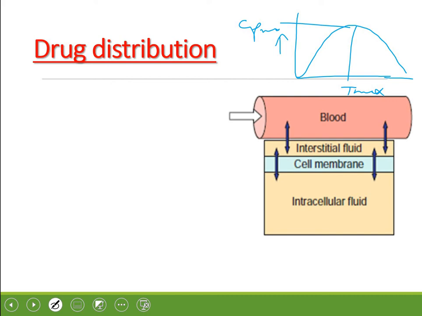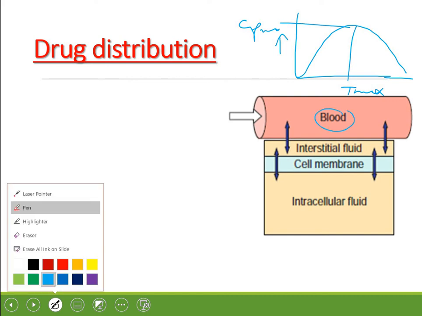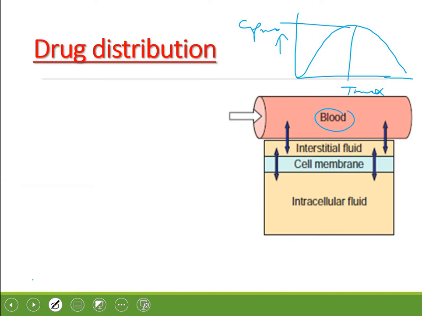When you take drugs, it reaches the blood, and once it reaches the blood, it passes from the blood through interstitial fluids, then it penetrates and passes the cell membrane, and then reaches the intracellular fluids.